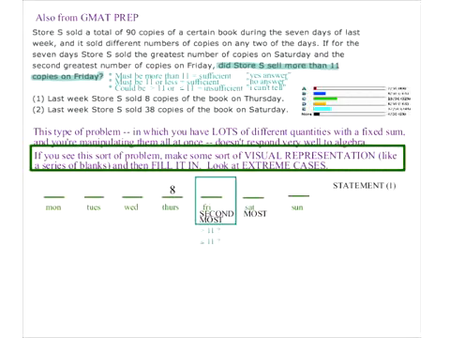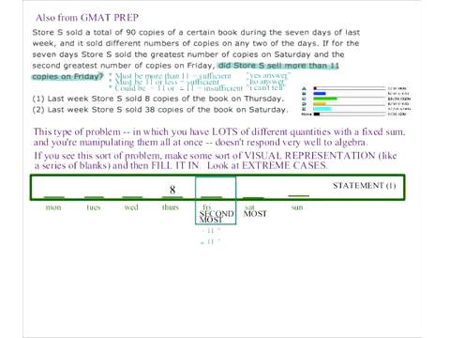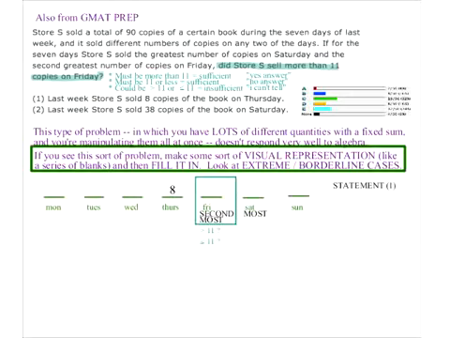Remember that extreme and borderline cases are what we are most interested in. So borderline cases meaning cases that are on the edge of the range. So someone said, let's try to make this 11. Okay, let's try to make that 11. So remember, we're most interested in Friday. So let's try 11 on Friday, and let's see what happens.